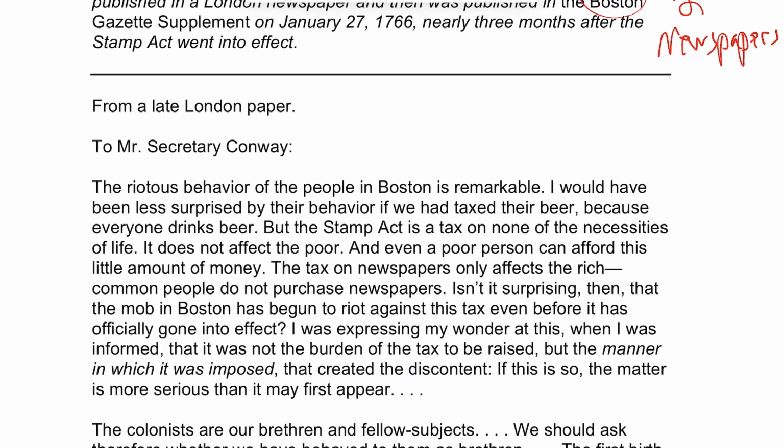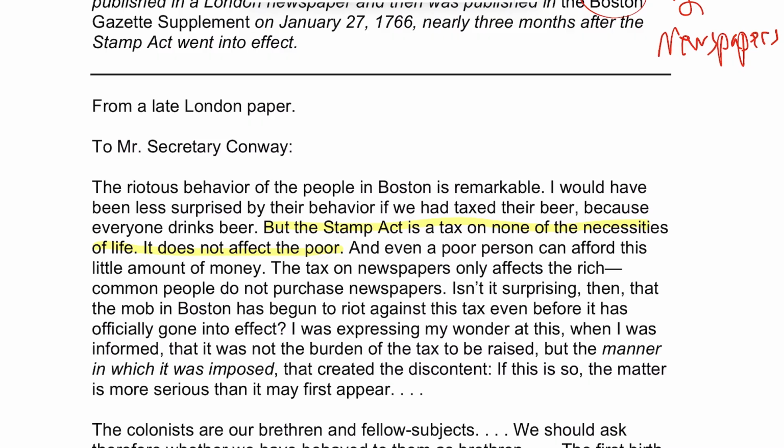The riotous behavior of the people of Boston is remarkable. I would have been less surprised by their behavior if we had taxed their beer, because everyone drinks beer. But the Stamp Act is a tax on none of the necessities of life. It does not affect the poor, and even a poor person can afford this little amount of money.